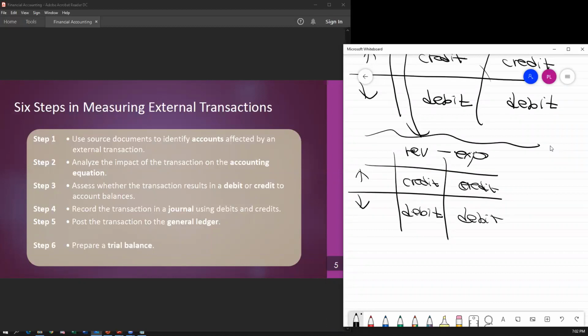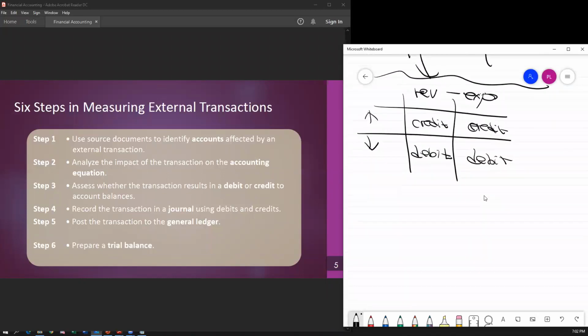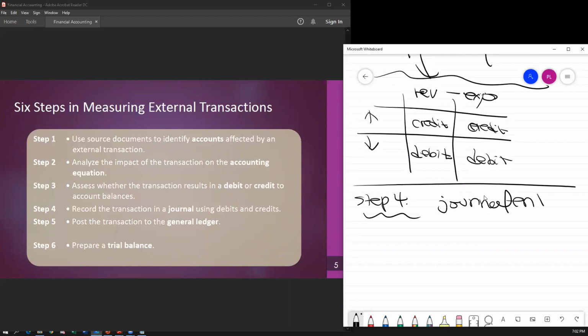Step 4, you're going to record the transaction in a journal using debits and credits. So after you determine whether you are going to use debit and credits, then afterwards for step 4, you're going to record a journal entry. So journal entry. It looks ugly, but it doesn't matter, okay?